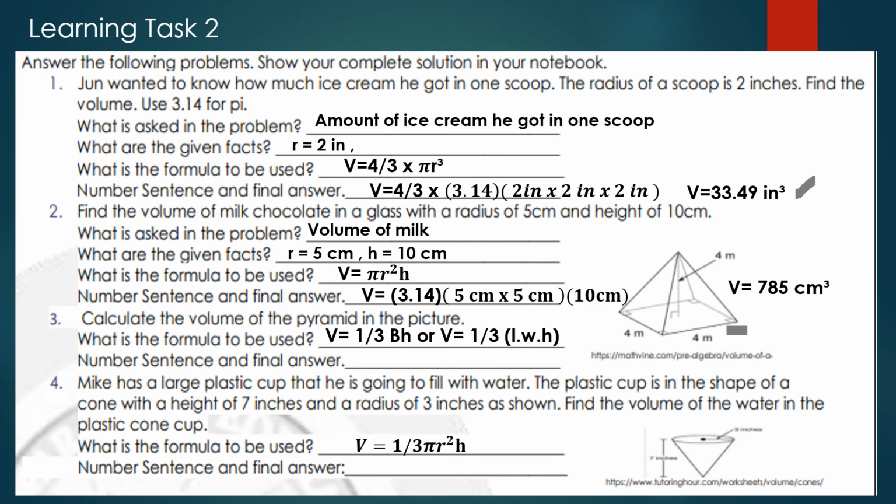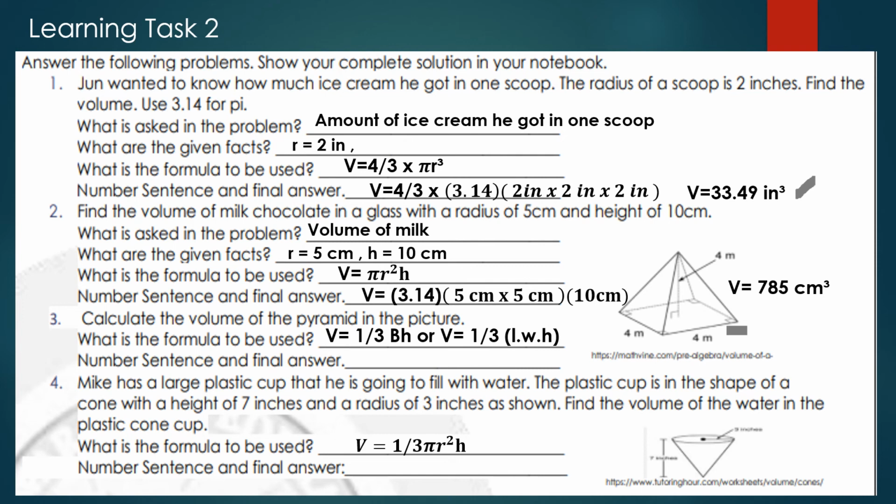So, dito tayo sa number 4. Mike has a large plastic cup that he is going to fill with water. The plastic cup is in the shape of a cone, with a height of 7 inches and a radius of 3 inches as shown. Find the volume of the water in the plastic cup. What is the formula to be used? Formula in finding the volume of cone. So, 1/3 pi is 3.14.